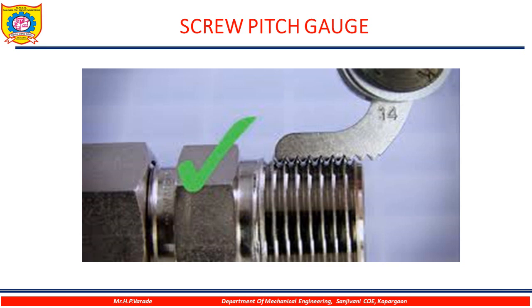So for checking those pitches, a screw pitch gauge is used. Screw pitch gauge can be easily applied on the external as well as internal screw threads of the components, and the screw pitch of a thread can be found out easily.